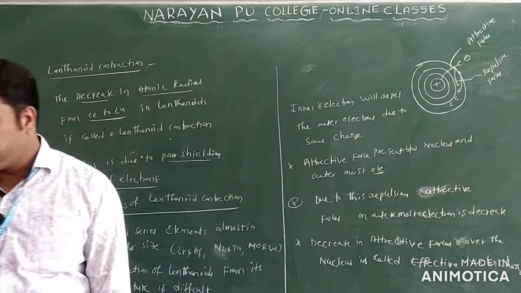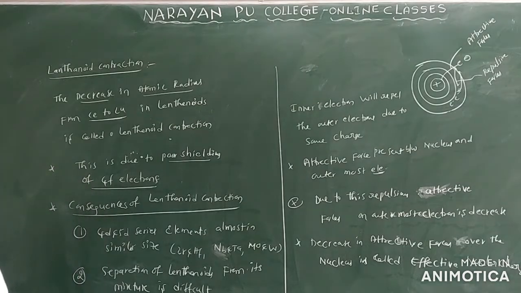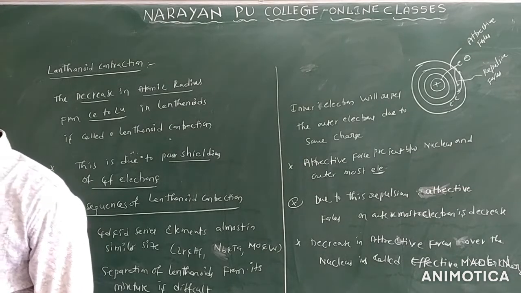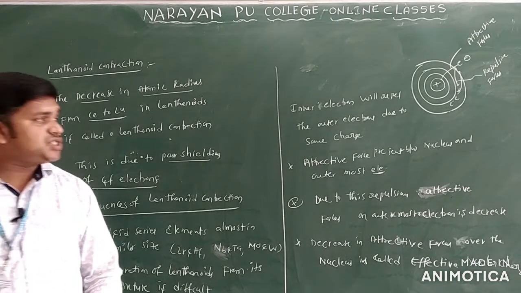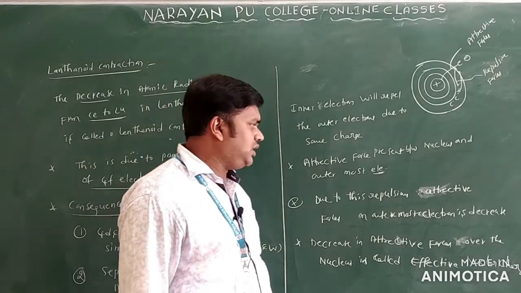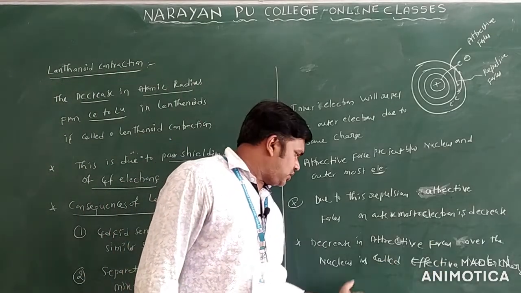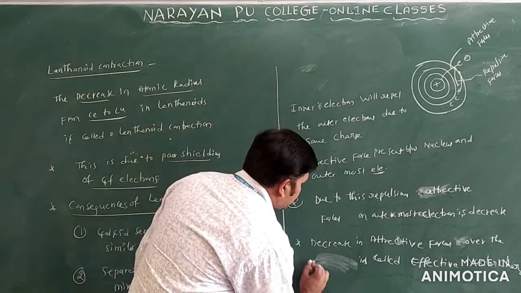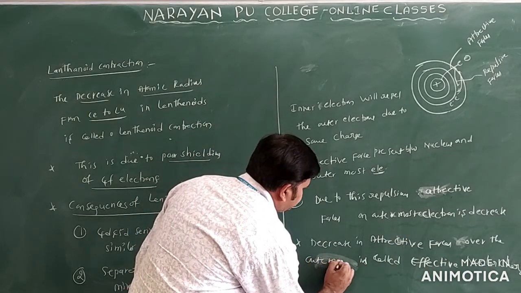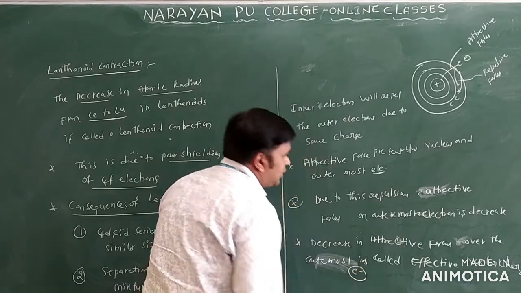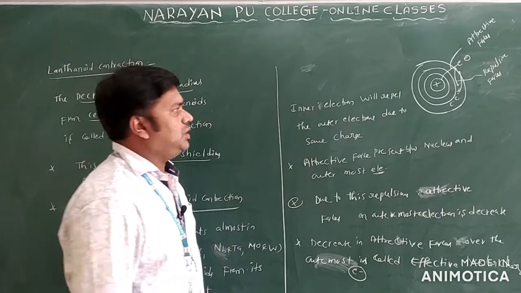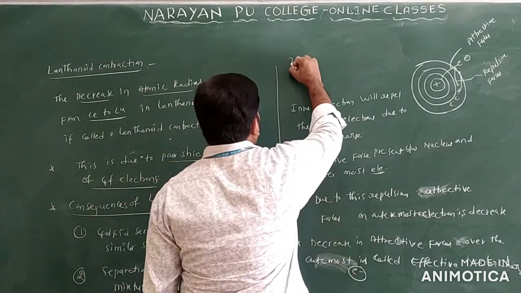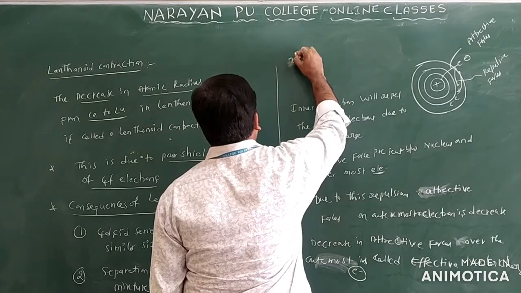This is the definition of effective nuclear charge. So due to the repulsions, the attraction on the outermost electron decreases. Effective nuclear charge is generally represented by Z star.